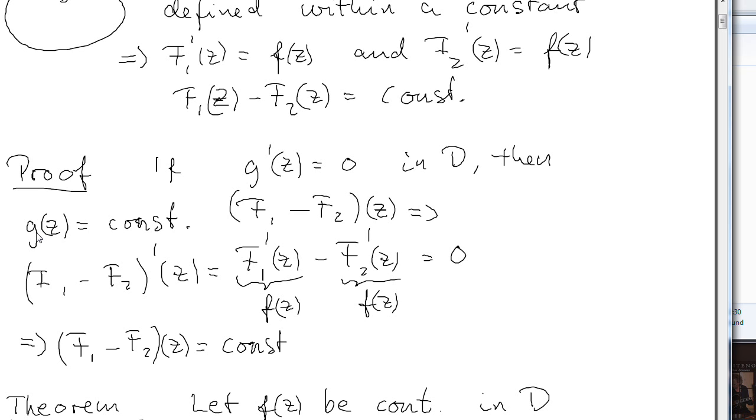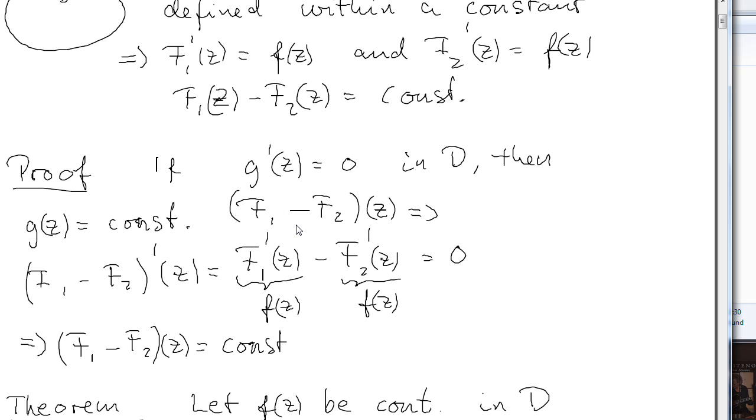This we are going to use in our argument, because when we are considering the difference between capital F1 and capital F2, this difference is equal to some function. Let's call it g of z.